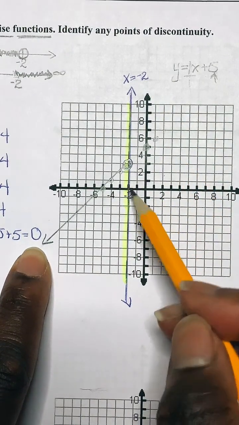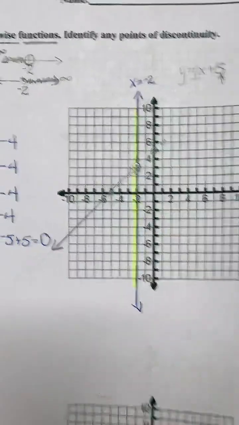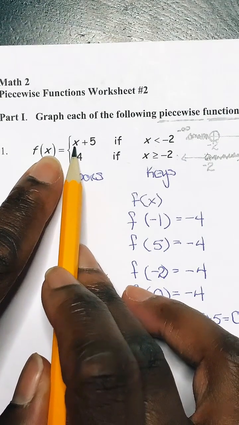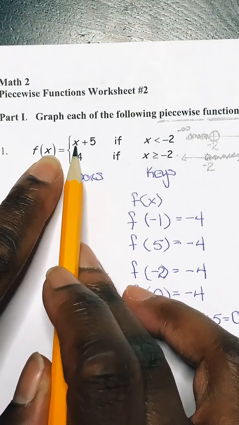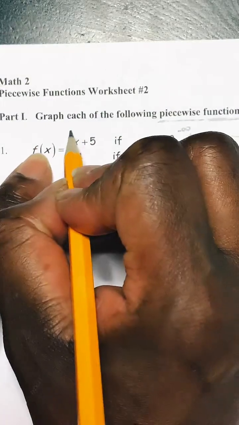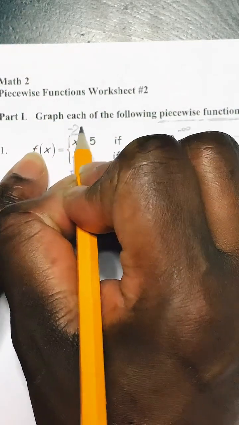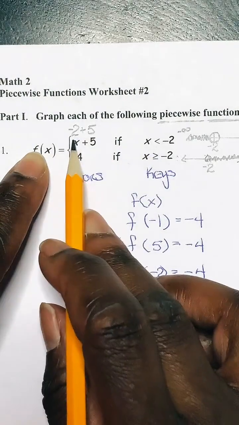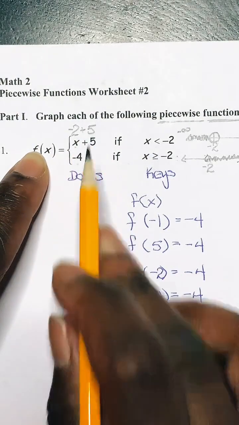I mean, I can easily just plug in. If I wanted to, I could plug in the -2 for the x. If I plugged in -2 plus 5, what's -2 plus 5?